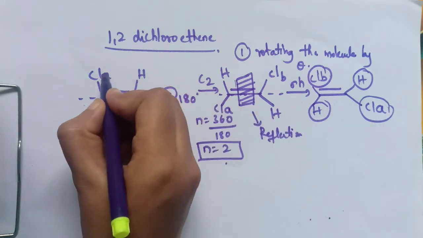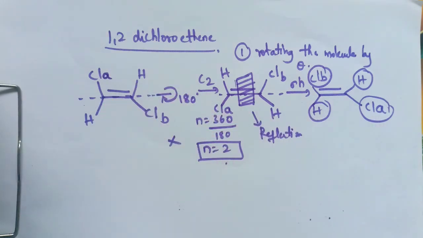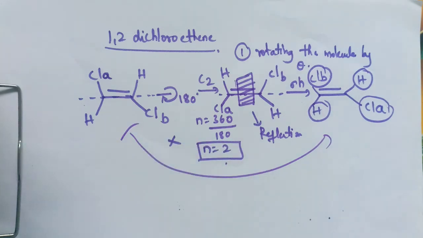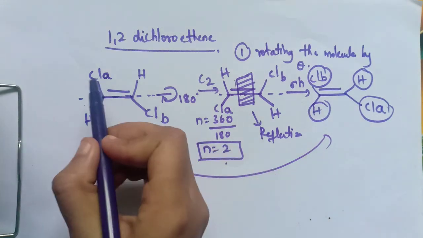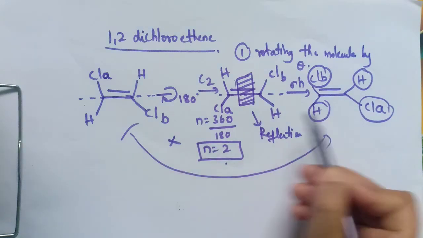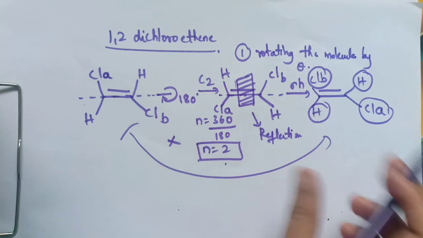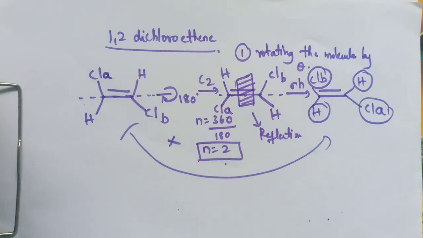See, we have named these Cls A and B mentally only, but they are not physical namings. So these two are equivalent to each other. That means here is Cla, here is H, here is H, here is Clb, here is Cla. So these are equivalent configurations to each other. We have to perform this rotation and reflection. If you obtain an equivalent configuration, then it is exhibiting Sn. That means it is exhibiting an improper rotational axis of symmetry.